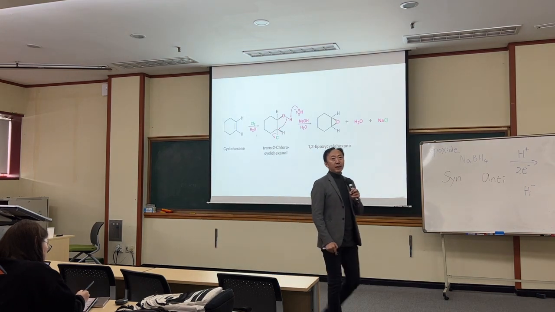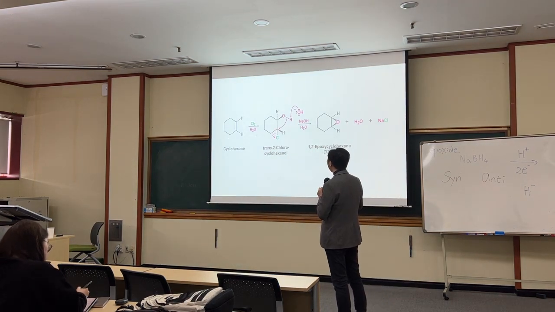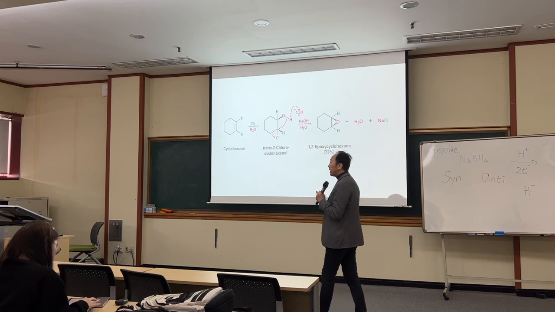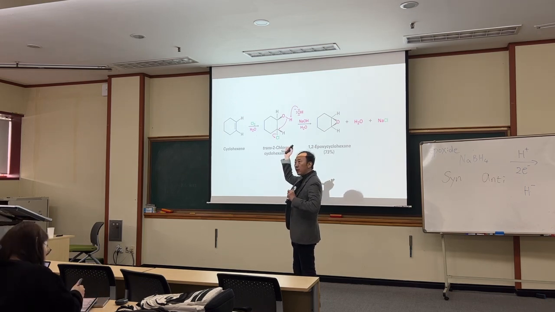Another method to make the epoxide is by adding chlorohydrin first. With this reaction we have learned, right? The first step is adding Cl2, activating this one, Cl plus here, and water attacks from behind. So this is a trans product, not a cis product.